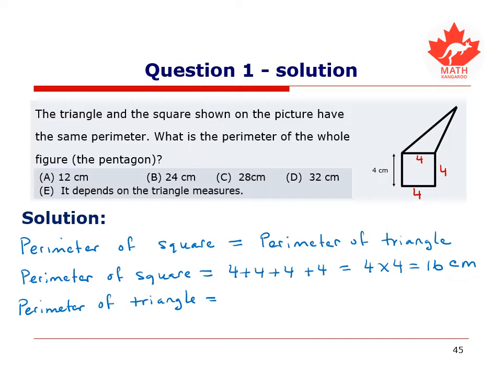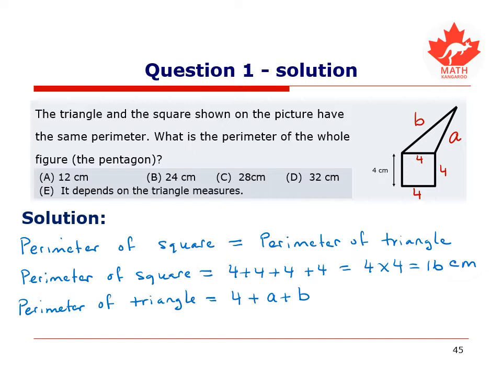Now we don't know the dimensions of the other 2 sides, so let's just label them. How about we label one A and we'll call the other length B. So we can describe the perimeter of the triangle as 4 plus A plus B.